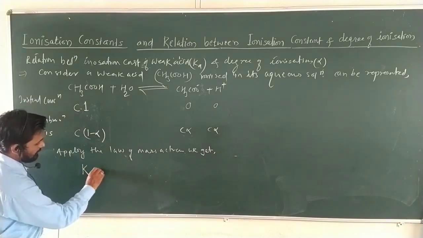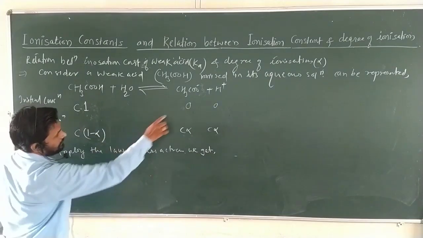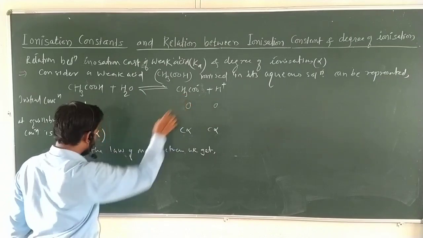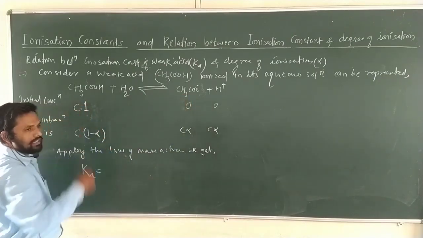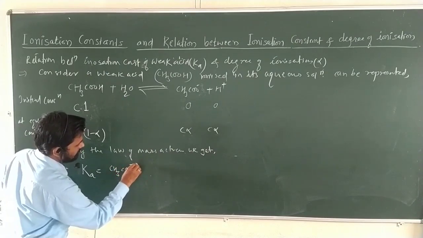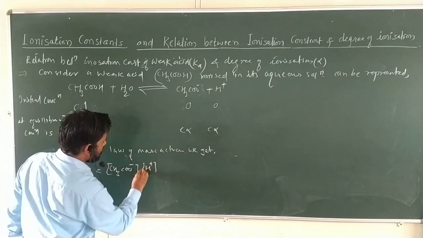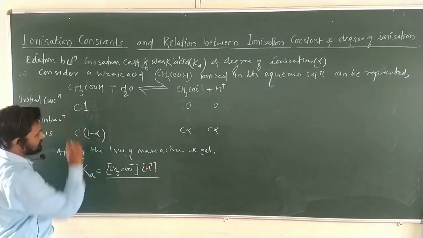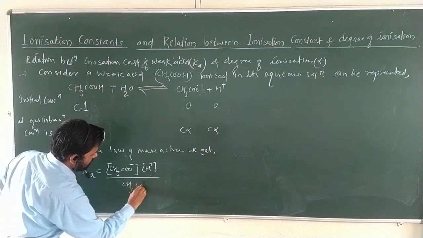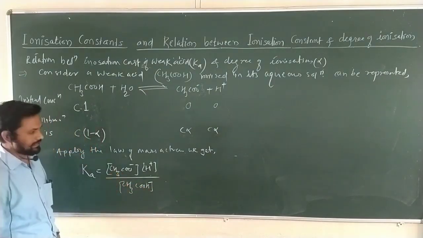Already we studied that Ka equals the molar concentration of the ions divided by the molar concentration of the unionized molecule. That is, the molar concentration of CH3COO negative and H plus divided by the molar concentration of unionized weak acid, CH3COOH, that is acetic acid.